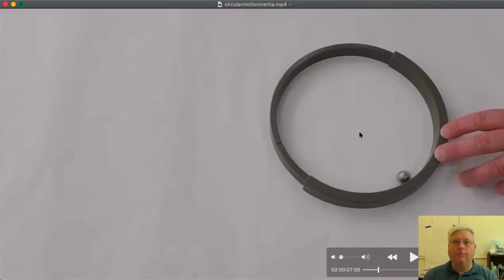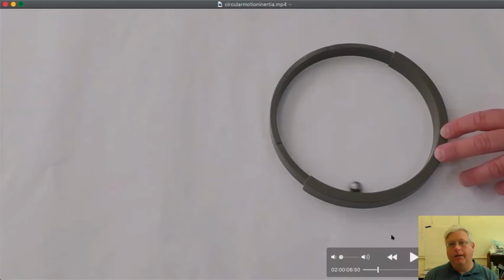There's still a center to the circle, so there's still a radius to the circle, but the force that's causing the circular motion is this wall here. Okay, so the wall is causing the ball to continue to move in a circle.